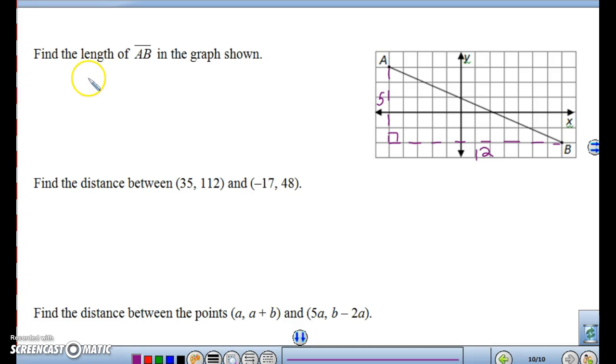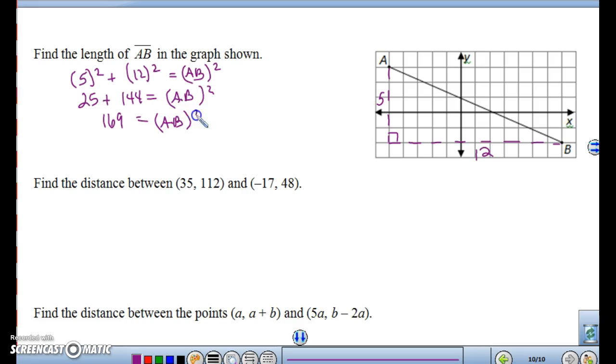So if we want to find the length of AB, it would be 5 squared plus 12 squared, that's the vertical and the horizontal, is equal to AB squared. 5 squared is 25, 12 squared is 144, is equal to AB squared, and that equals 169, which is AB squared, and then take the square root of both sides, and I do know the square root of 169 is 13, so AB is equal to 13.